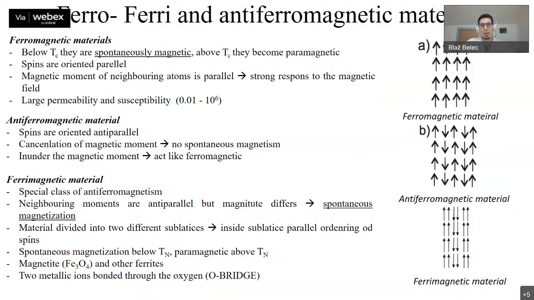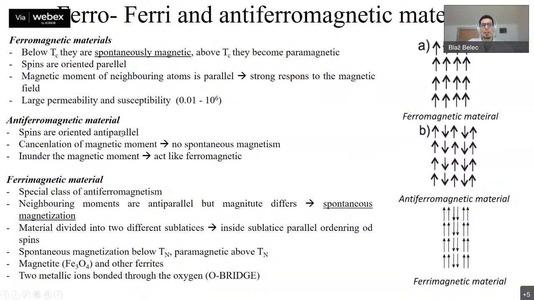So here, when the external magnetic field is not present, spins are still oriented parallel to each other. And we got some net magnetic moment and strong response. When such material is exposed to the magnetic field, they exhibit strong response to this field. They've got large permeability and susceptibility.